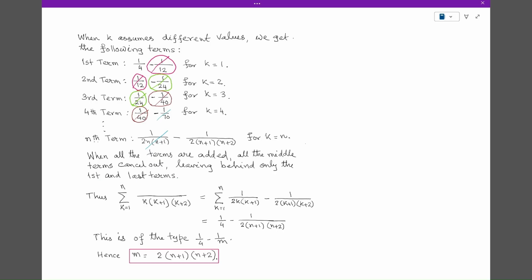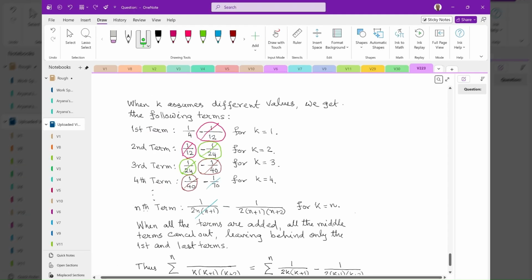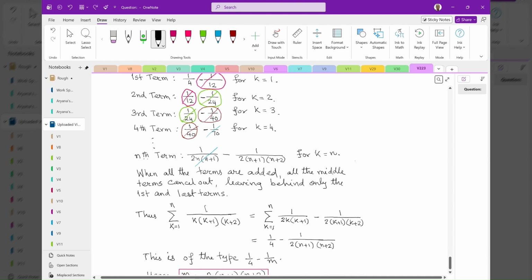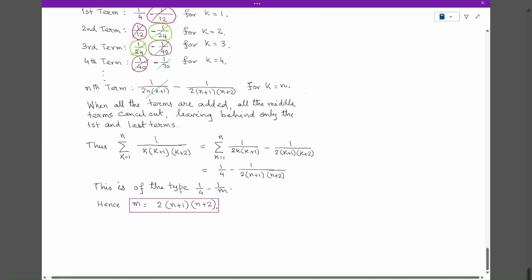Therefore, summation of k is equal to 1 to n of 1 divided by k multiplied by k plus 1 multiplied by k plus 2 is equal to summation of k varying from 1 to n, 1 divided by 2k multiplied by k plus 1 minus 1 divided by 2 multiplied by k plus 1 multiplied by k plus 2, and that is equal to 1 by 4 minus 1 divided by 2 multiplied by n plus 1 multiplied by n plus 2.